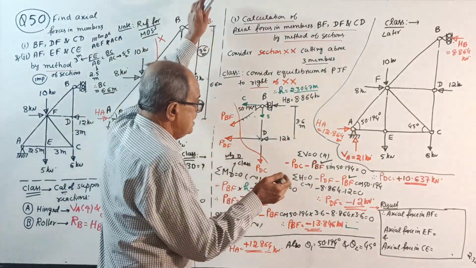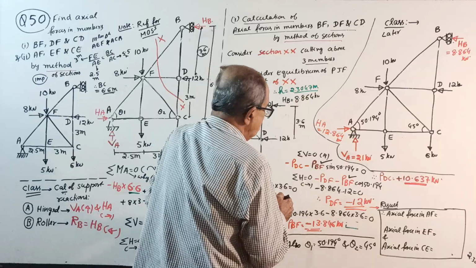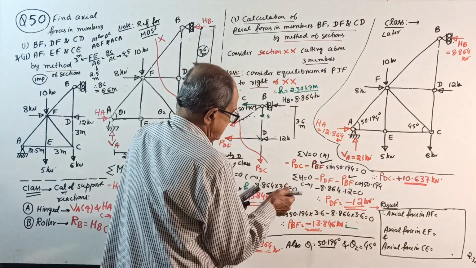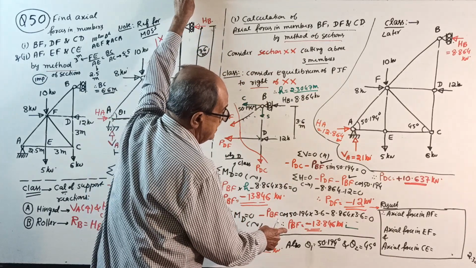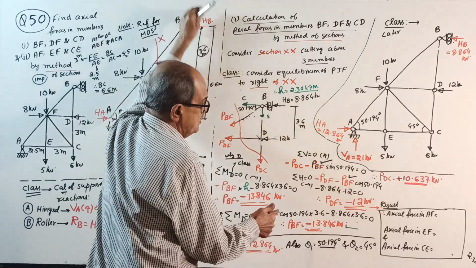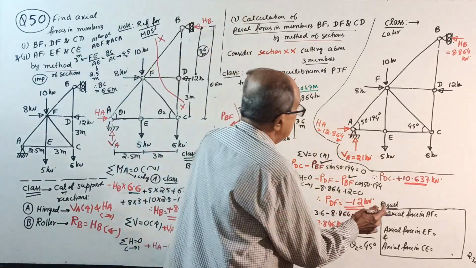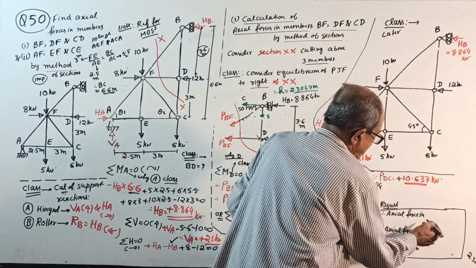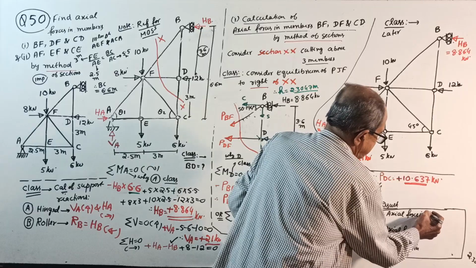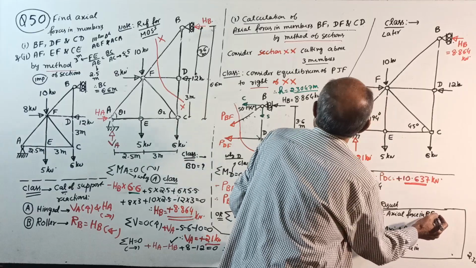Okay. Therefore, result. Axial force in AF. Where is AF? It's not AF actually, sorry. It is BF. Sorry, this is actually wrong writing. Earlier I took another way. Okay. Axial force in BF.